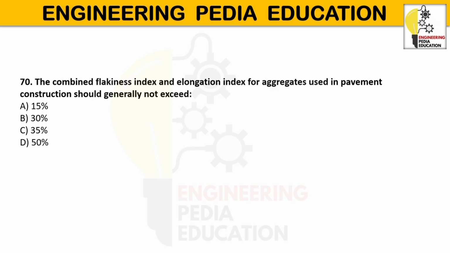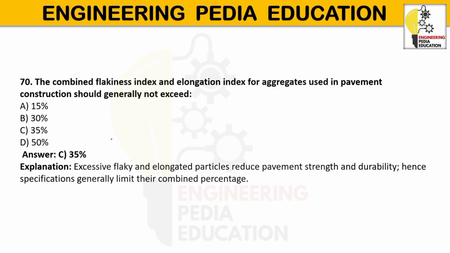The combined flakiness index and elongation index for aggregate used in pavement construction should generally not exceed 15%, 30%, 35%, or 50%? The correct option is 35%. Excessive flaky and elongated particles reduce pavement strength and durability.